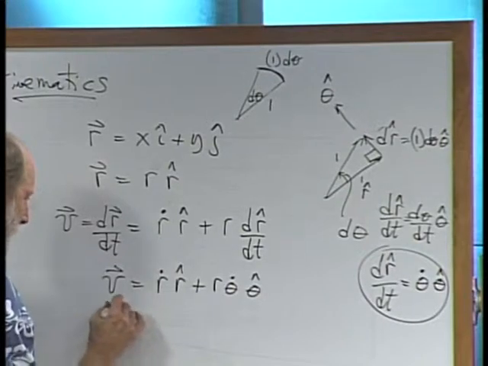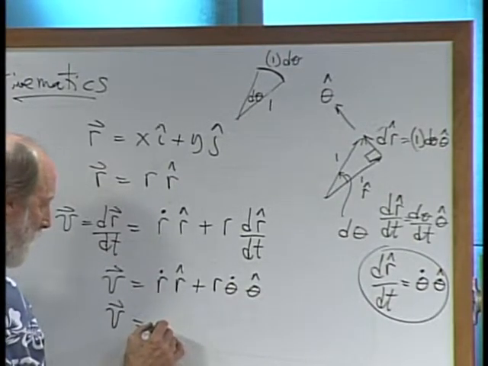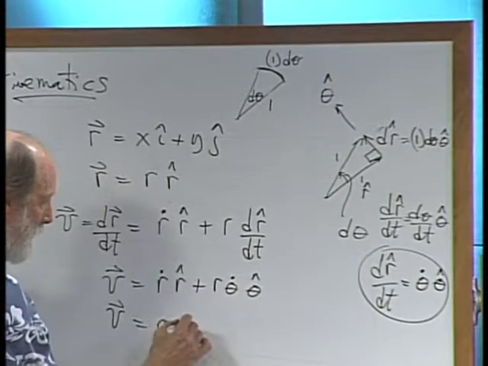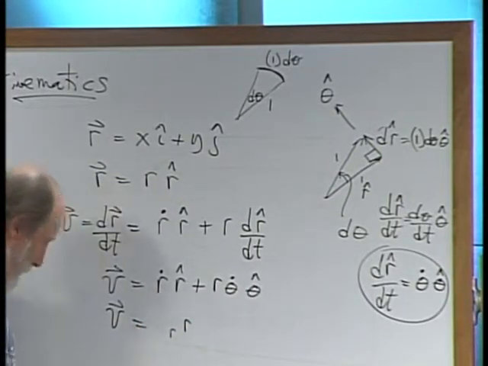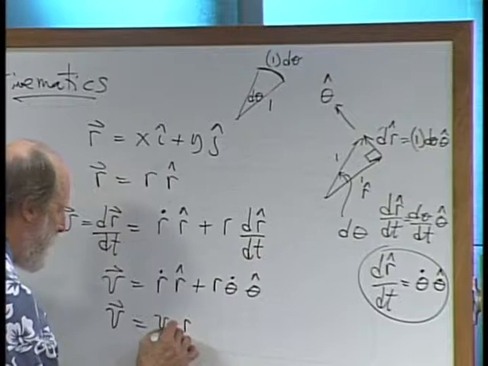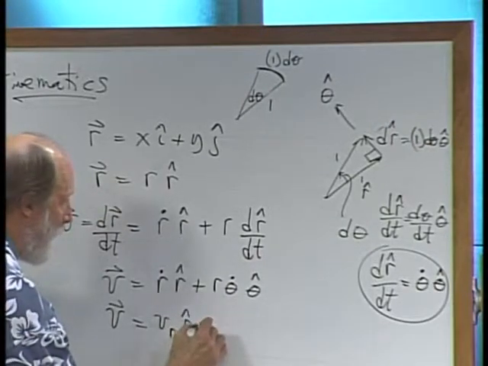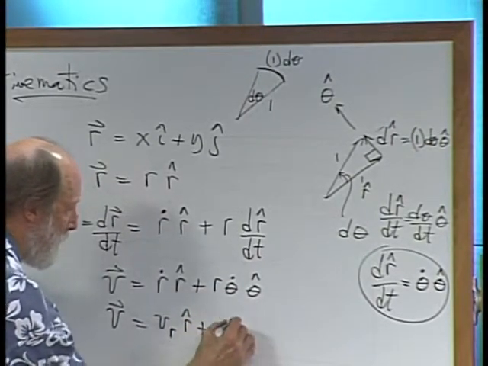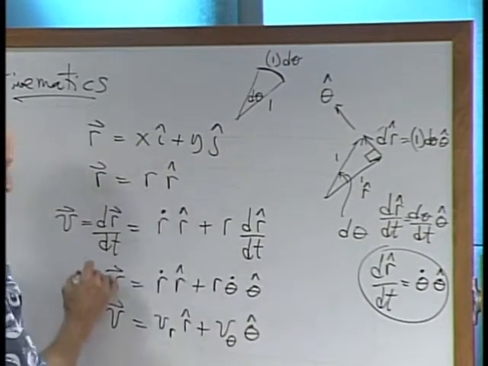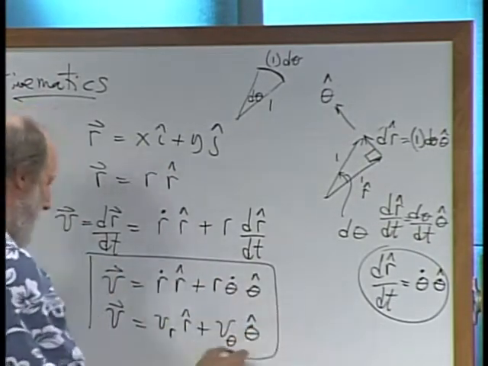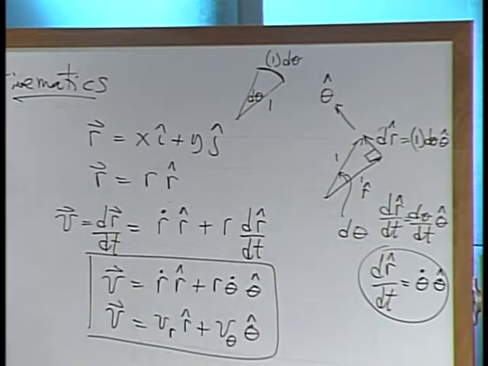So this is the velocity described with a radial component of velocity, v sub r, in the r hat direction, and a theta-directed component of velocity, v sub theta. So this is the way we define the velocity vector in polar coordinates.